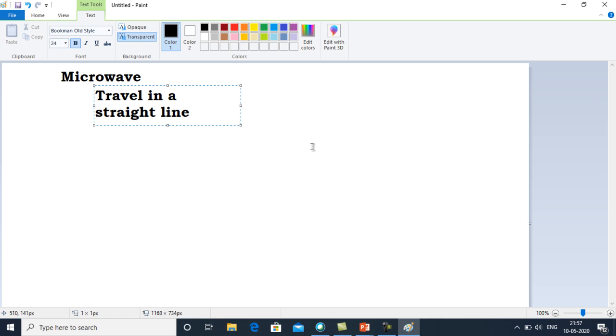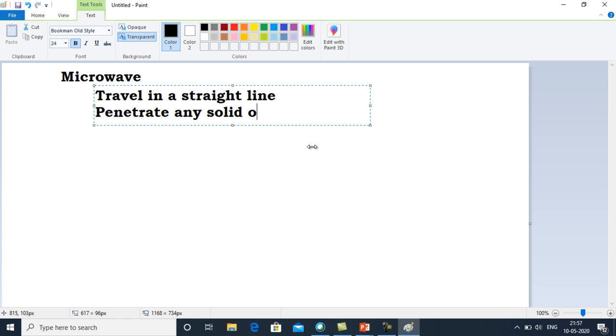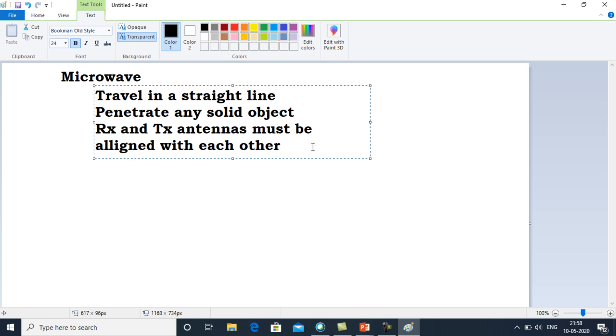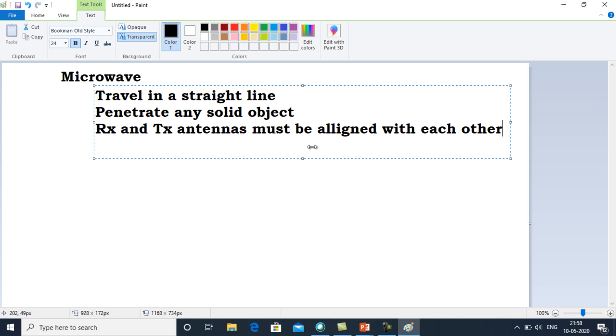The next point is that they cannot penetrate any solid object. And the receiver and transmitting antennas must be aligned with each other so that the transmission can be performed easily. So you have to remember these points. These are the key points for it.